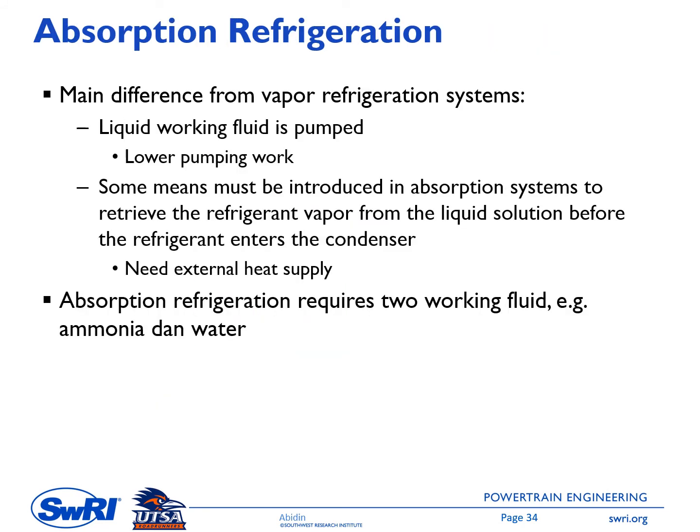The next topic is absorption refrigeration. This is a different type of refrigeration system. When we compare this absorption system with the standard vapor compression refrigeration system, there are two main differences. First, in this absorption system, the liquid working fluid is pumped, while in the standard vapor compression refrigeration system, it is the vapor that is compressed.